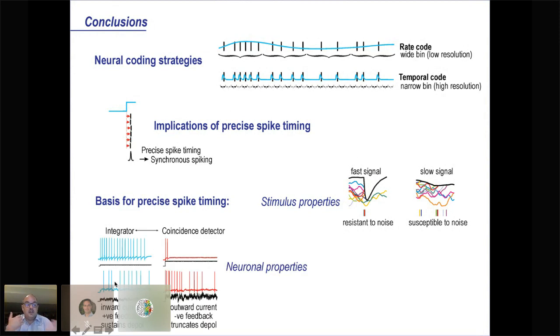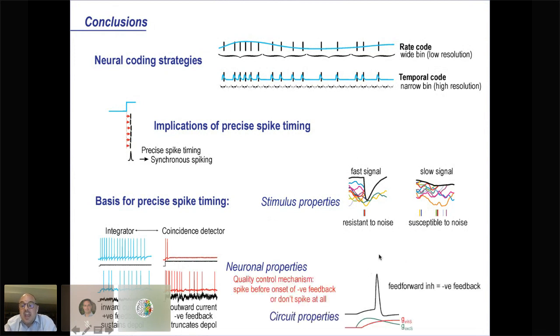So this idea of integrators and coincidence detectors really is a continuum, but neurons that have voltage-gated inward currents that create a positive feedback loop are good at integration, but that is not necessarily ideal for spike timing, whereas coincidence detectors with this negative feedback that truncates the depolarization will tend to encourage this precise spike timing, exactly the same way that you tend to see with feed-forward inhibition.